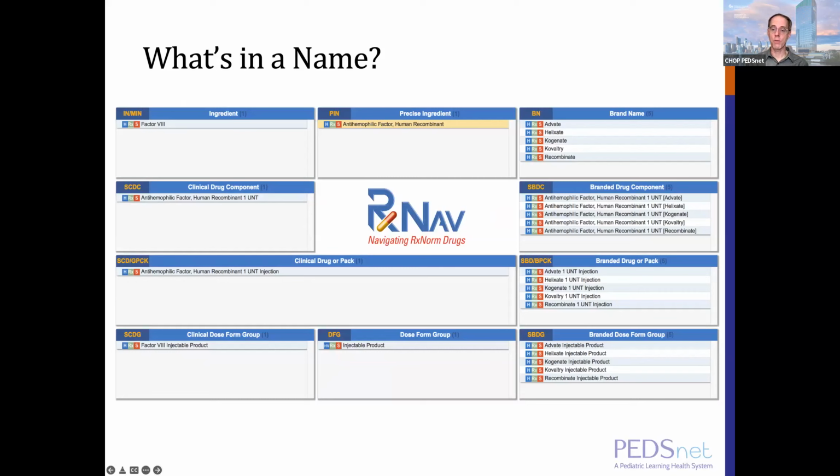Over on the right, what you're seeing are terms that deal with actual pharmaceutical products. So branded drug components, branded drugs, branded drug packs. These are the things that patients use or that clinicians use to treat patients. On the other hand, there are a lot of them, and it is often not helpful to have to keep track of all of them when you're trying to design a study.